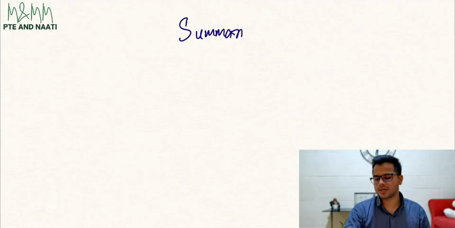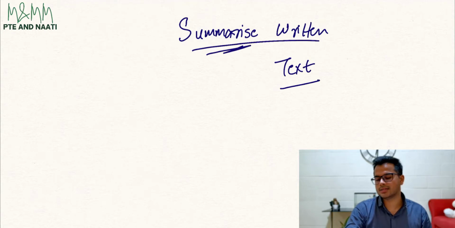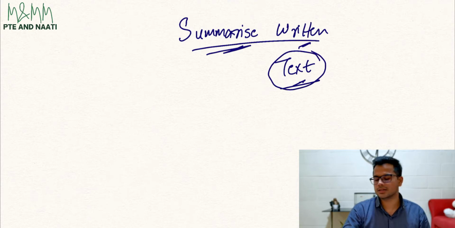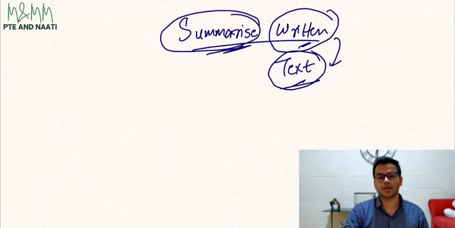Now, summarize written text. I always start any topic by writing down the name of it. And as the name itself denotes, summarize written text. That means some sort of text would be written in front of you. You would be getting some written text, and then your job is to summarize that text.